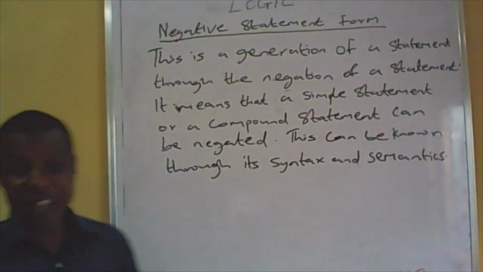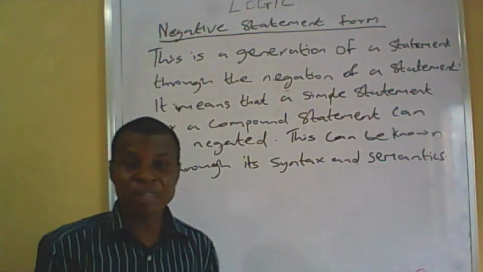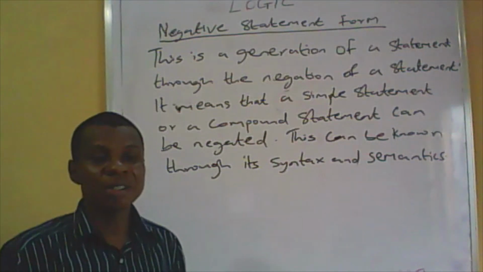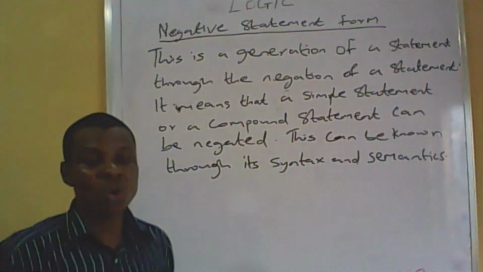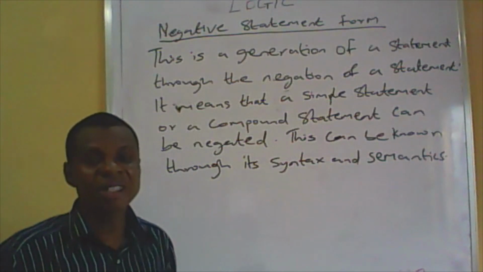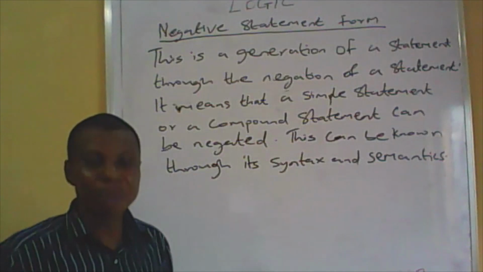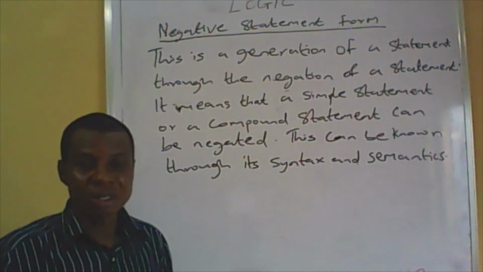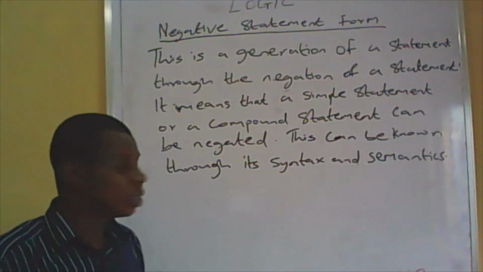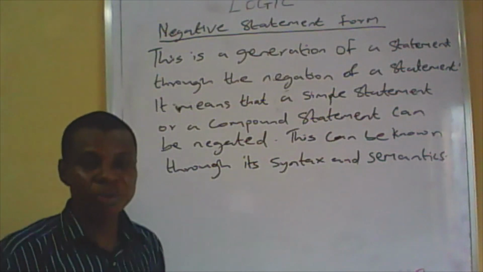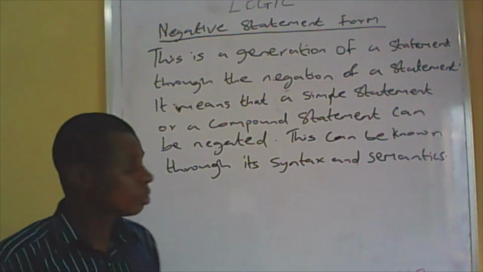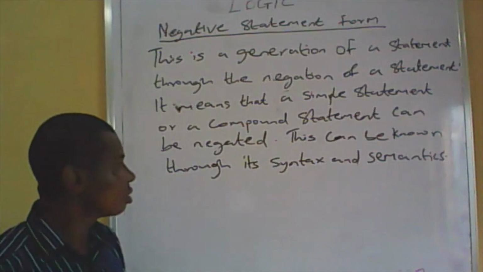That means we can identify the negative statement through its syntax and the semantics. The structure of that statement is what we mean by syntax, and the semantics is the meaning concerning the statement. That means when it is judged, it can have a truth value, truth or falsity. That's what we mean by semantics.